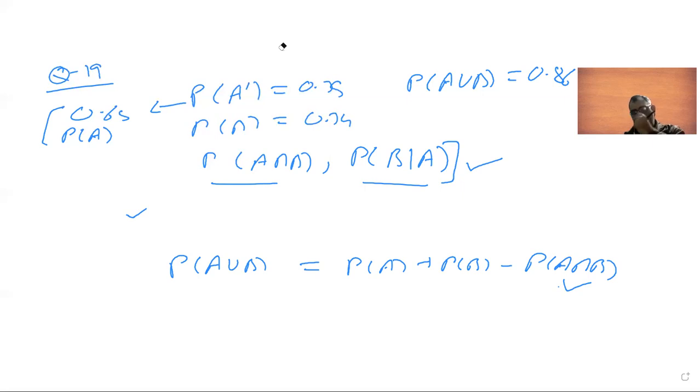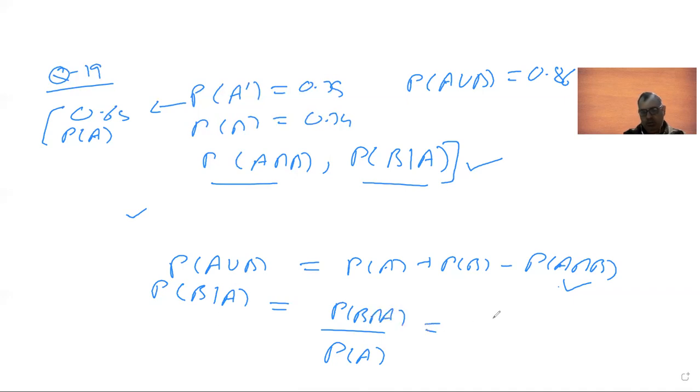And actually I haven't found P(B given A) myself, so better we find it together. You do it at home. I got 0.2.